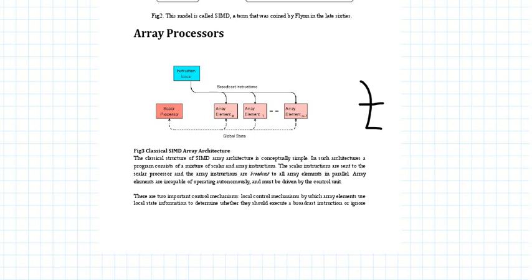Now, array elements are incapable of operating autonomously and must be driven by the control unit. Why?